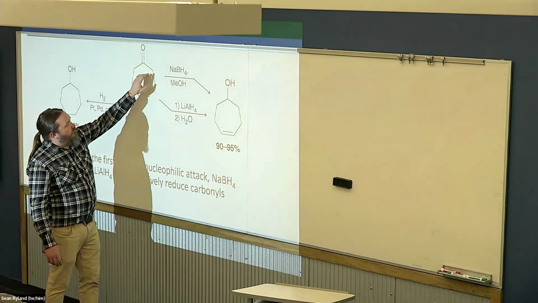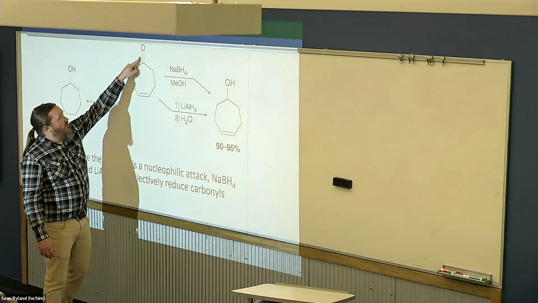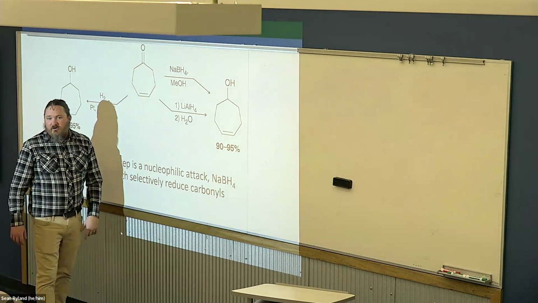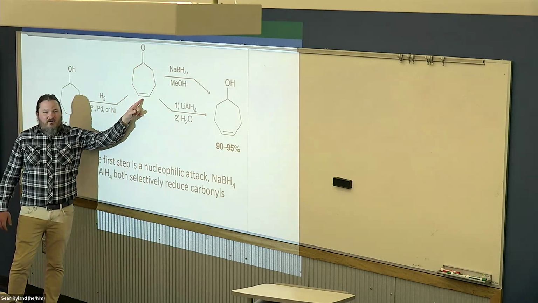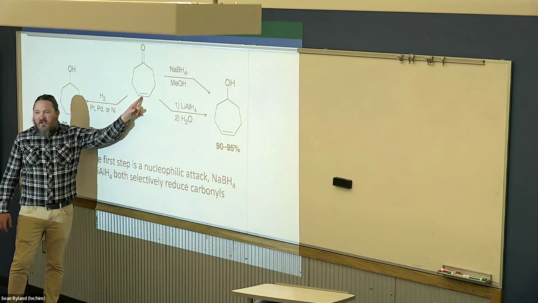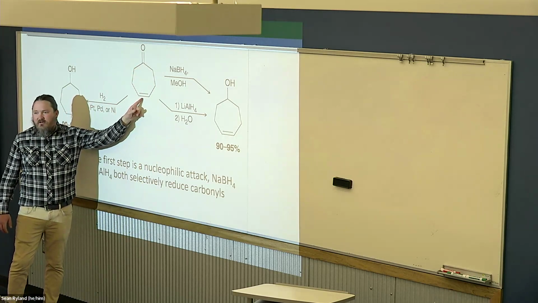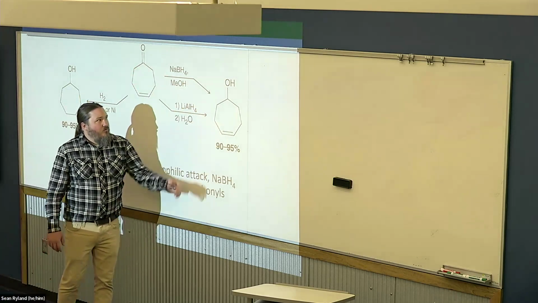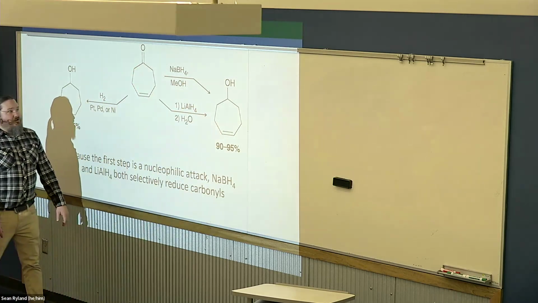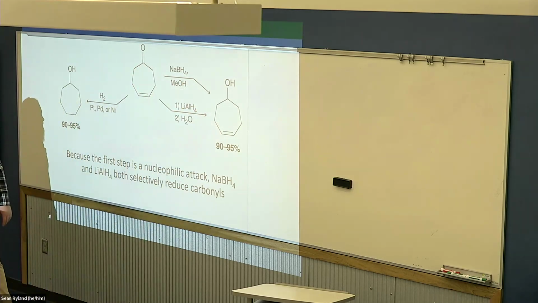If we only want to reduce the carbonyl, we use a hydride source. A hydride source is not going to attack the alkene because there's no partial positive. This is not a great target for a nucleophile, right? So if we use a hydride source, we can reduce the carbonyl without reducing the alkene.